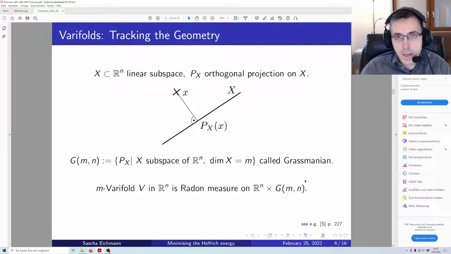Okay, now we've established what a Grassmannian is. Now we can establish what a general varifold is. A general varifold is a Radon measure on R^n times this Grassmannian.